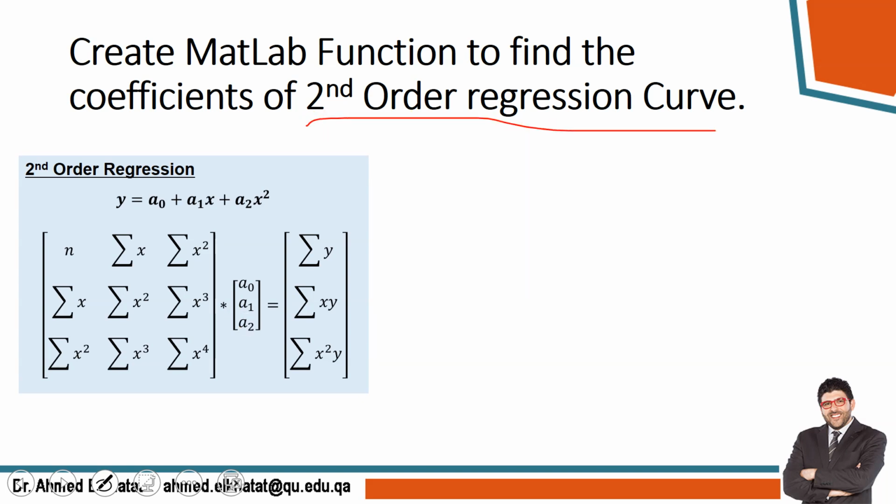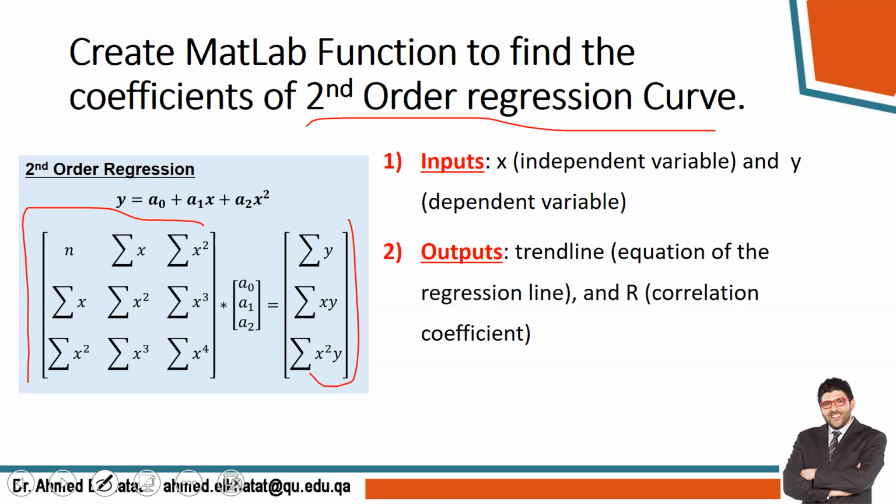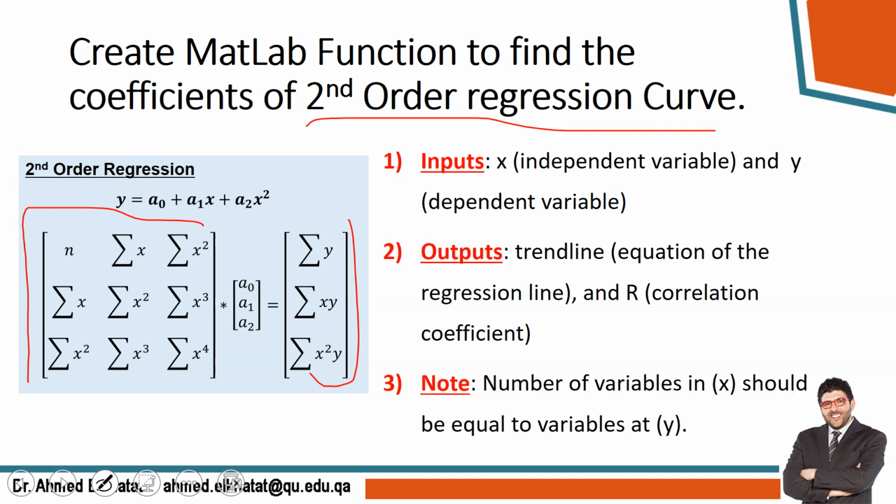It's exactly what we did in the previous one, and we'll repeat it here. The only difference will be in the matrix, the size of the matrix, and the way we calculate them. So we have inputs, we have outputs, and x should be equal in length to y.